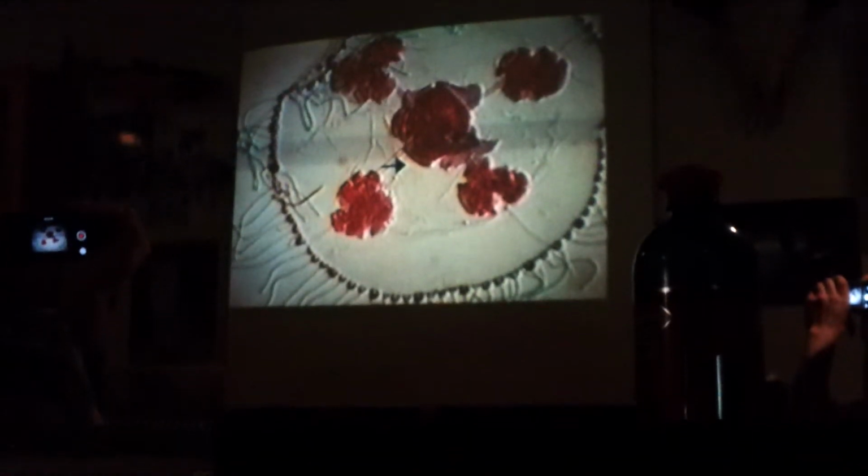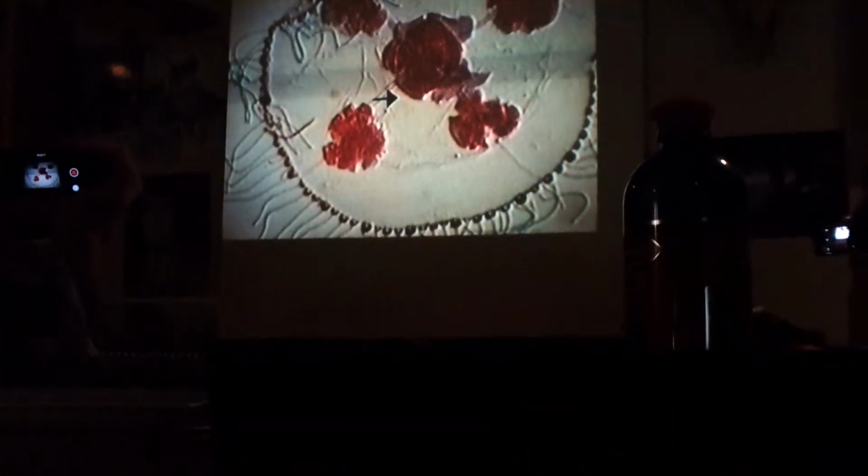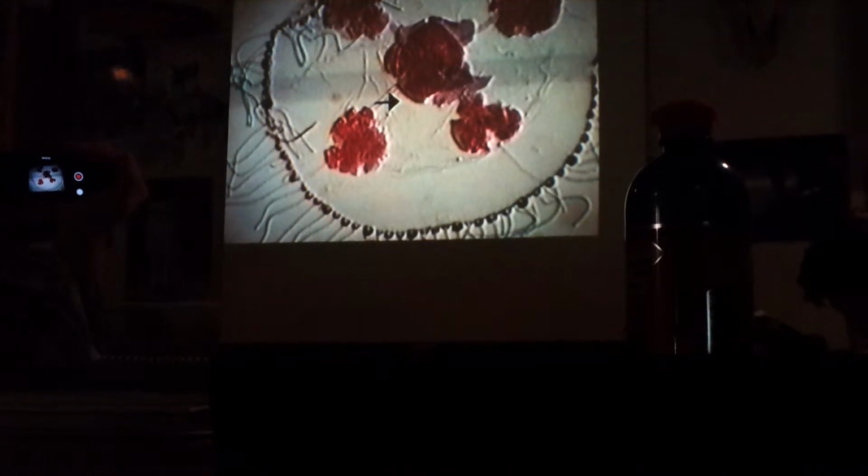Polyp or medusa? Medusa. And what are these areas? Those are gonads.